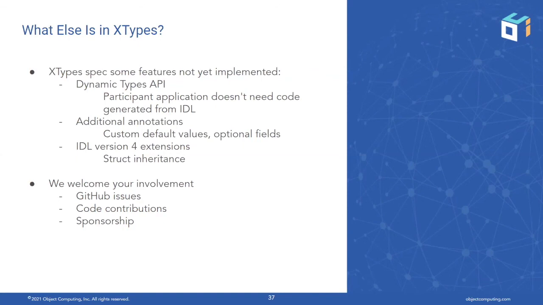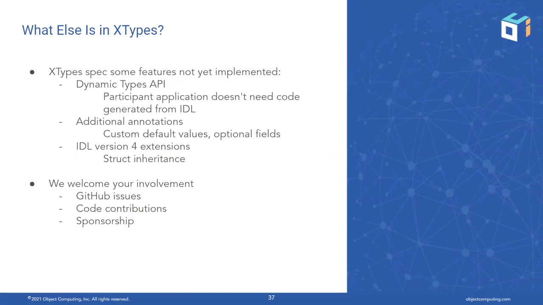Also support for additional annotations that OpenDDS doesn't yet have, things like assigning custom values to be the defaults of members of structs, and the ability to have optional fields. There are also extensions from the IDL specification itself in IDL version 4, and not all of those have made their way into OpenDDS yet.